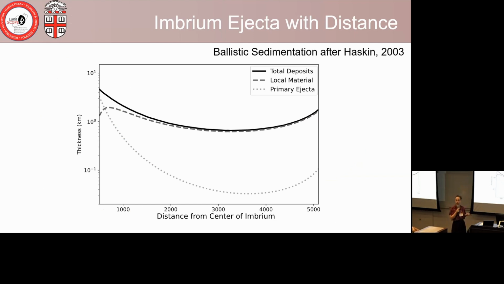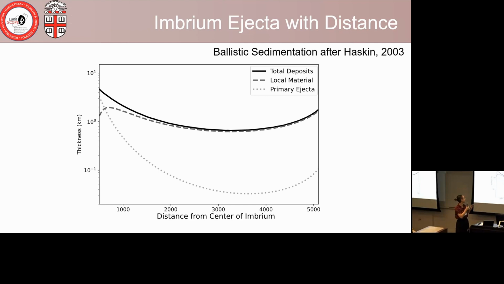This is following after the work of Larry Haskin, who was a professor here for many years. Using ballistic sedimentation, we can find the proportion in the total deposit of... let me back that up just a tad. In any location for a giant impact such as this one, your total deposit is going to be composed of two components.